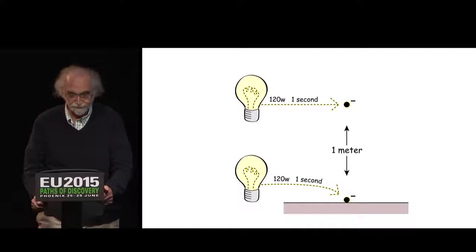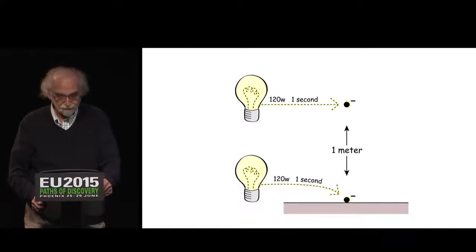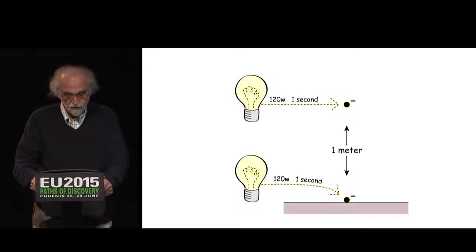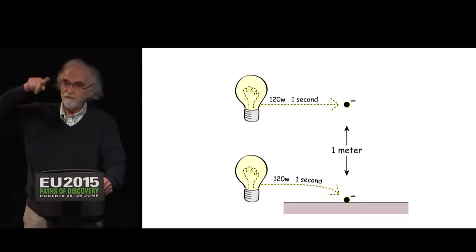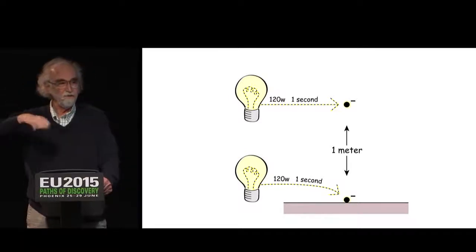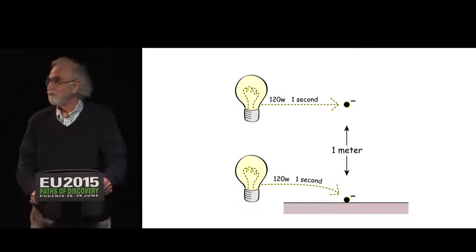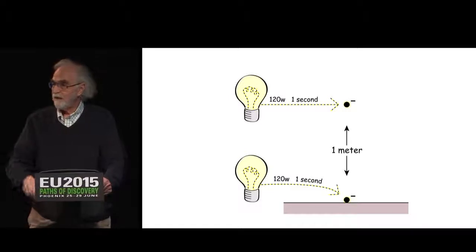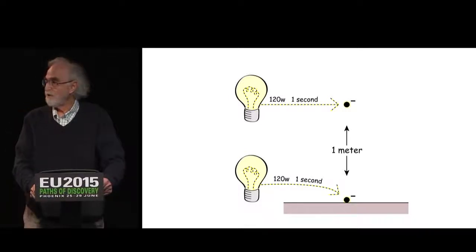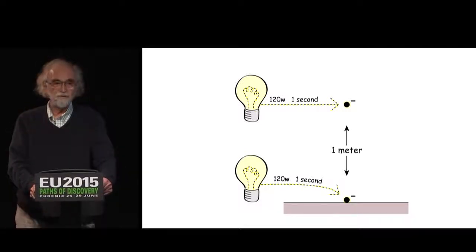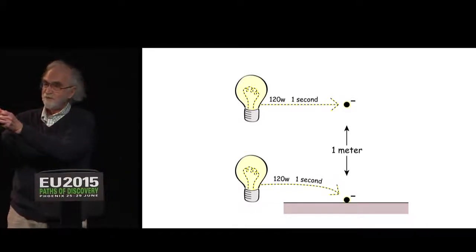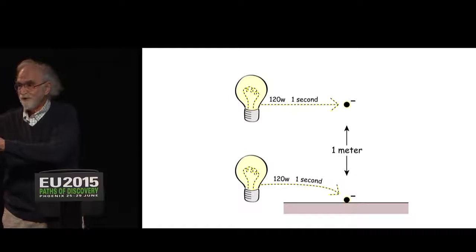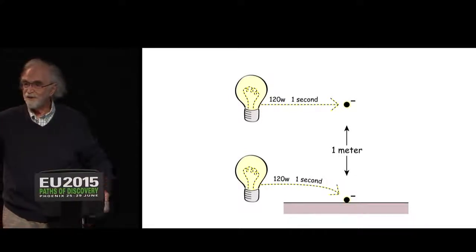Another example: take one of the old-fashioned 120-watt light bulbs, where the current goes through the filament. Suppose you could capture 1 second's worth of electrons running through that filament, and compress it into a dot, like a nucleus of charges.